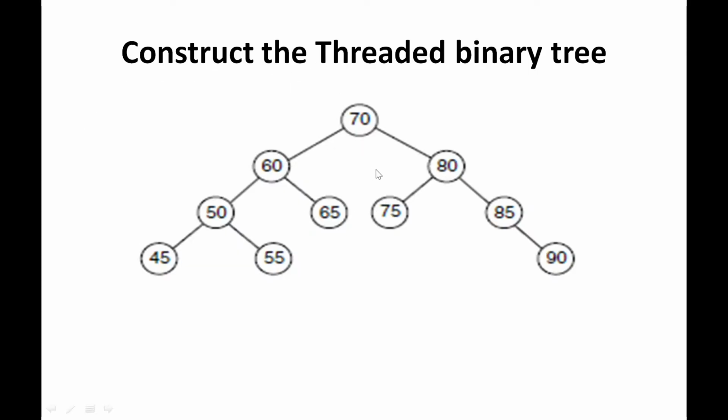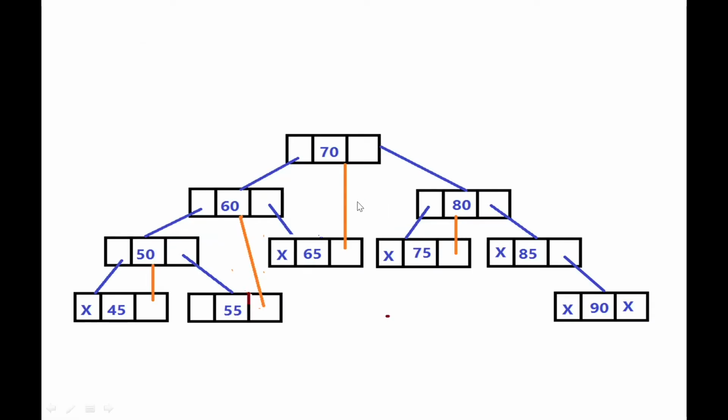Now as a practice, let us try to construct the threaded tree for the given binary tree. This is what is going to be the answer. We have already discussed how it is done. We just connected all the forward link pointers, or the right pointers, not exactly to their parents, but to the successor nodes which will be visited next as per the in-order tree traversal.